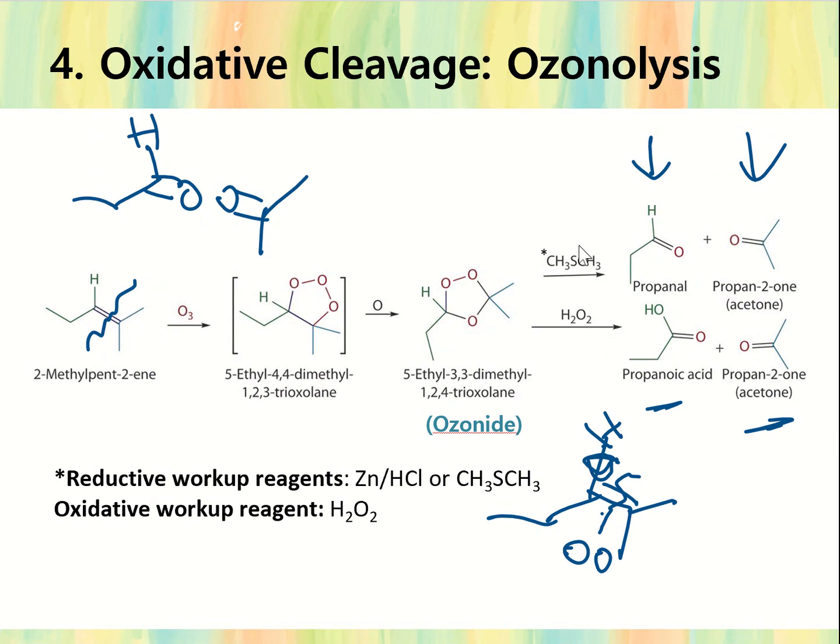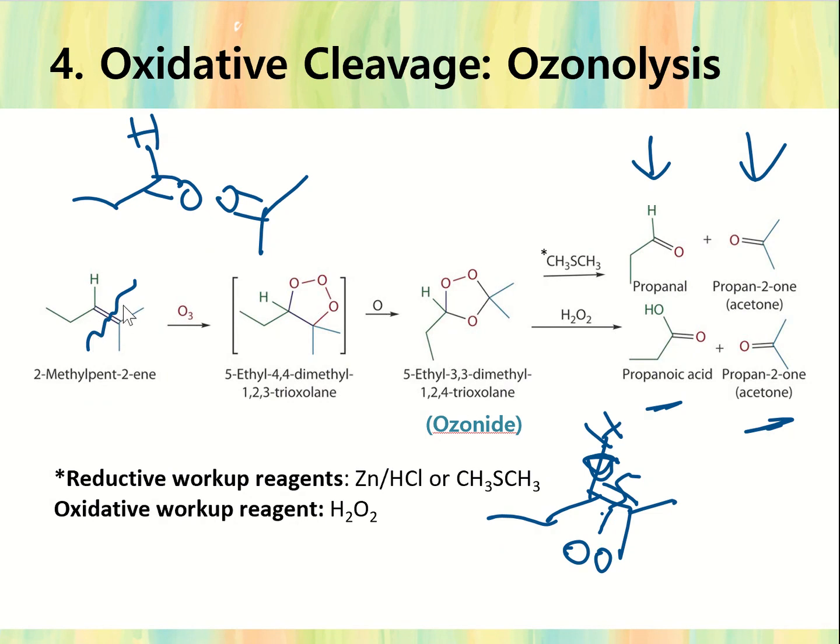I hope I haven't confused you, but the point I'm making here is we can have 2 different workups with ozonolysis. We can have an oxidative workup and we can have a reductive workup, and these are the reagents that will effect a reductive workup, right? And so the cleavage reaction happens in both, but the products are different.